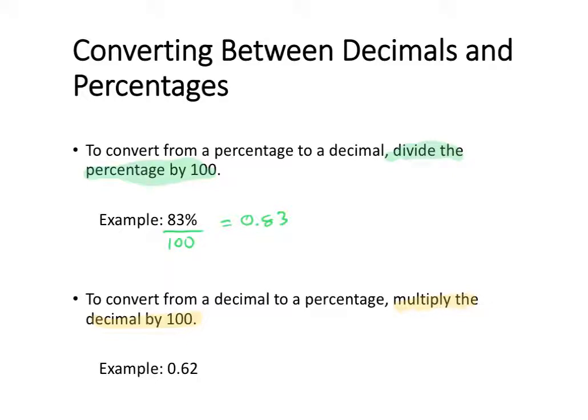So for example, if you had a decimal of 0.62 and you wanted to convert that into a percentage, you would times it by 100, which equals 62%. So those processes are important to remember when we're working with percentages. To go from a percentage to a decimal, divide by 100. To go from a decimal to a percentage, times by 100.